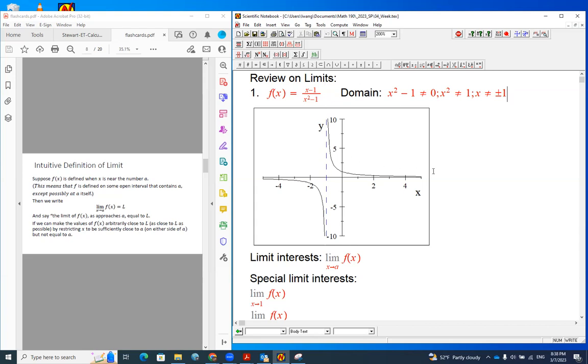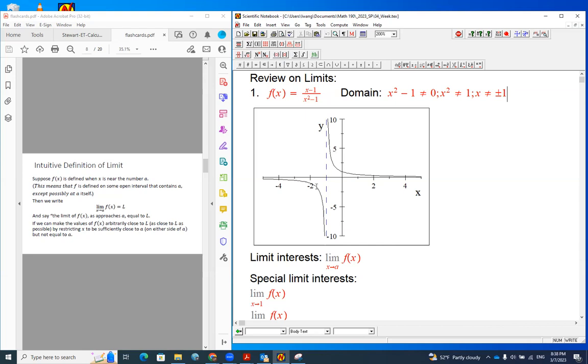With that domain, we have this graph, right? Positive 1, negative 1. Now, the interesting thing about this graph is that we are only interested in the neighborhood of 1, for the limit as x equals 1.